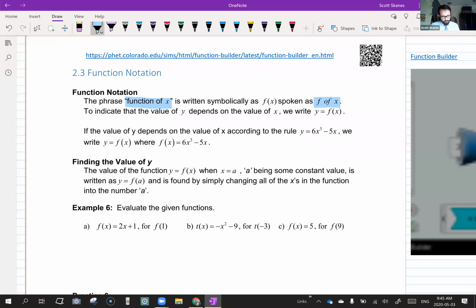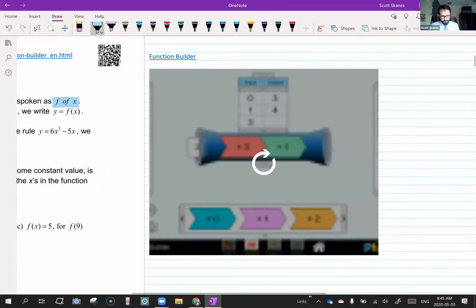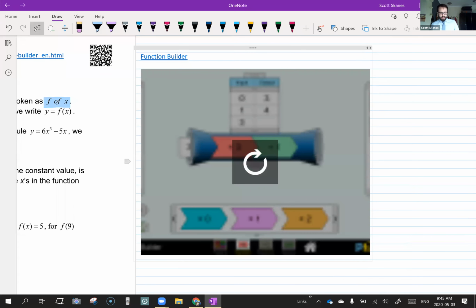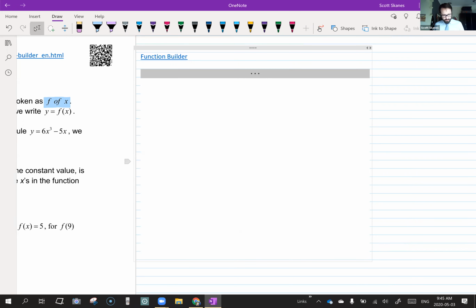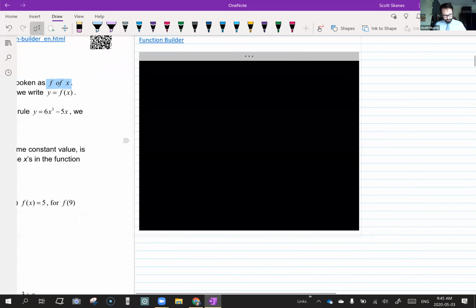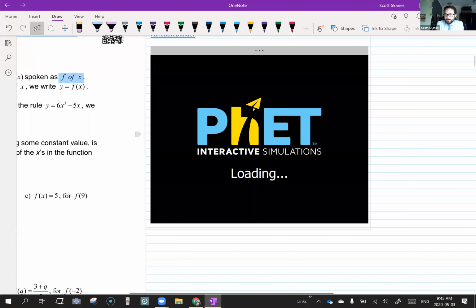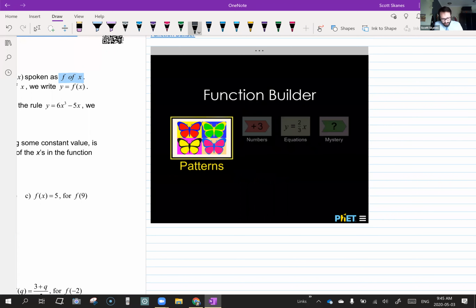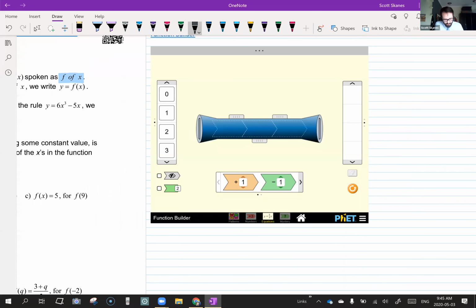Let me show you what we're going to be doing. Essentially, we're going to be building functions here. Anyone who's been in my physics classes knows that I like my simulations. It helps. So let's say we wanted to make some equations. I can take any given number. Let's say I want to multiply it by 3.